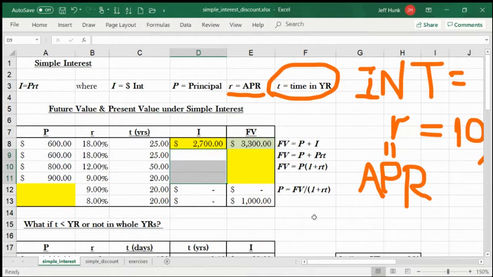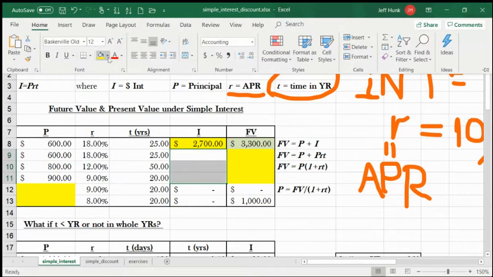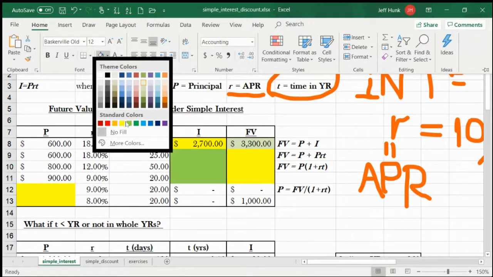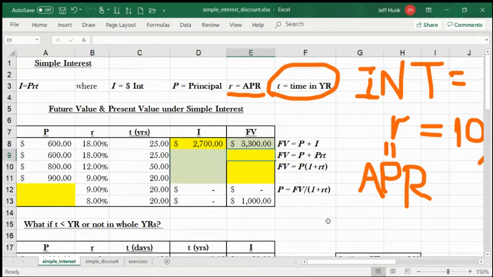Then now, let's delete these cells, and let's try a little differently. I'm going to highlight this. Okay.